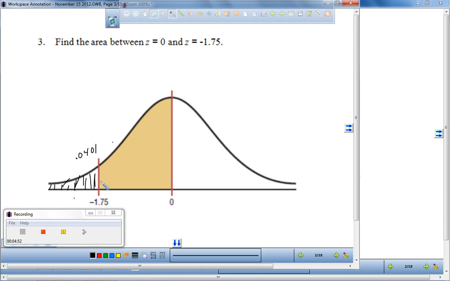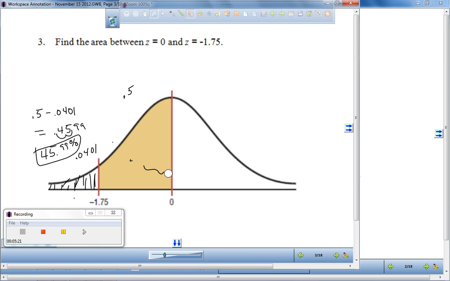So to come up with that area, we know the whole half is worth 0.5, so we take 0.5 and subtract 0.0401 from it, and we end up with 0.4599. Move our decimal over 2 places to convert it to a percentage, so we end up with 45.99% of our data falls in here.